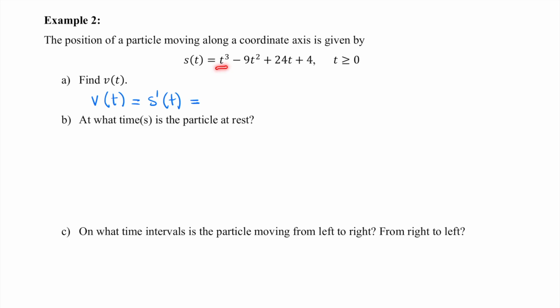The derivative of t to the third is 3t squared, minus the derivative of 9t squared, which is 18t, plus the derivative of 24t, which is 24, and the derivative of 4 is 0. So the velocity function is 3t squared minus 18t plus 24.